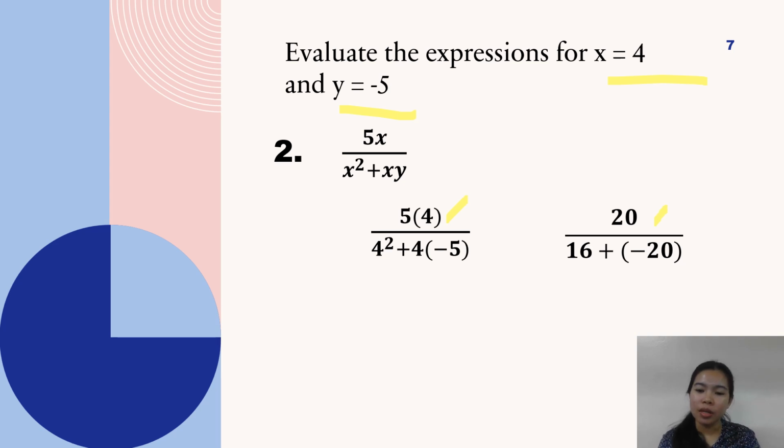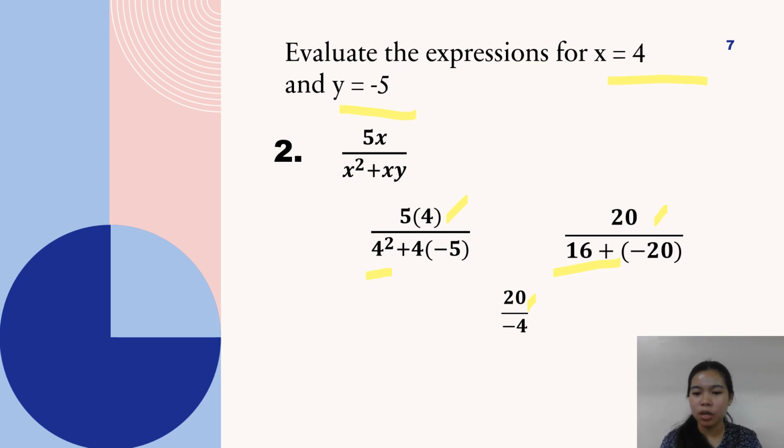So in here, I just showed you the direct process. So 4 squared is equal to 16 plus 4 minus 5, that's equal to a negative 20.